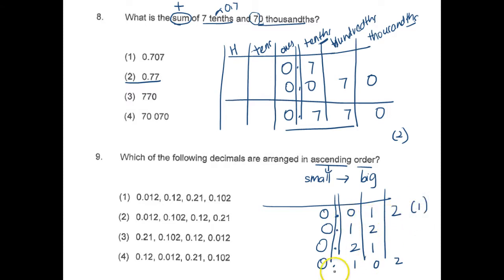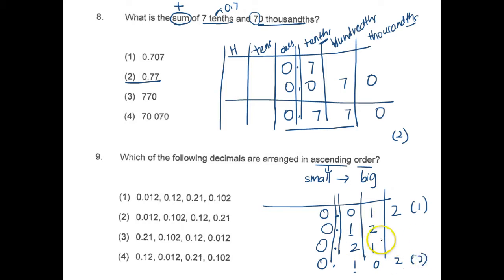0.012. Next would be, we look at the 1. So these two we need to compare, 0.12 and 0.102. We know that 0.102 is smaller than 0.12.